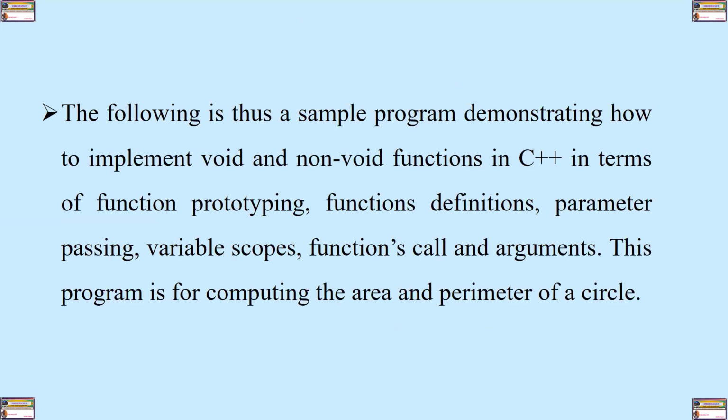The following is therefore a sample program demonstrating how to implement void and non-void functions in C++ in terms of function prototyping, function definition, parameter passing, variable scopes, function calls and arguments. This program is for computing the area and perimeter of a circle. Let's see. So this is a comment statement: program implementing functions, prototypes, parameter passing, variable scopes in C++.